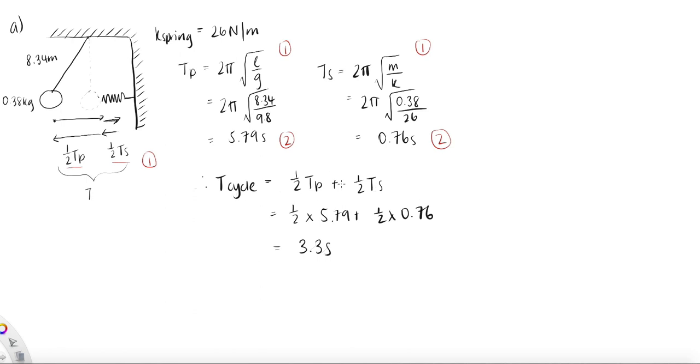If you were to work out this equation, that the total period of the cycle is half of the period of the pendulum plus half of the period of the spring, you get a mark for that, and then you get another 2 marks if you actually got out the correct answer. So for this question, you get 10 marks.